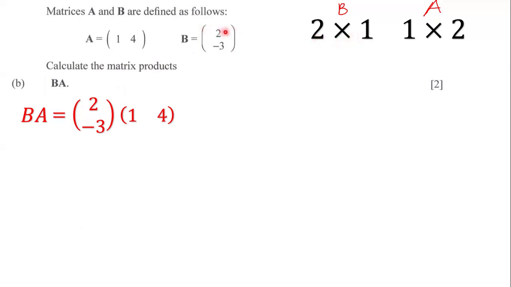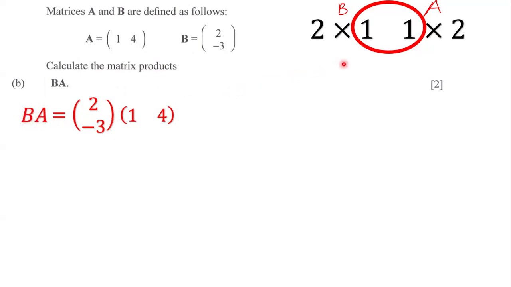And matrix A has the order 1 by 2, because it has 1 row and 2 columns. And so we notice that these two numbers are the same, which means that B times A is defined. That means we can multiply these two matrices, in that order.